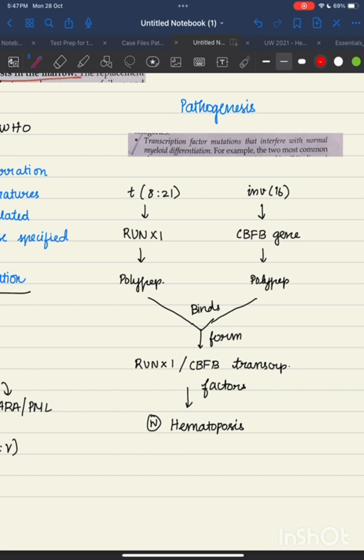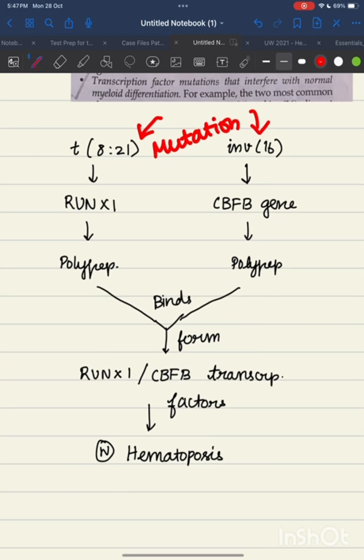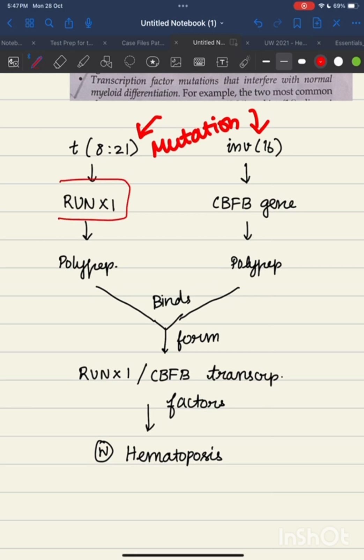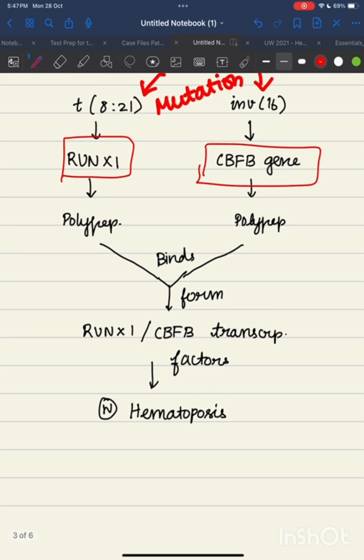But if there is a mutation here, and here is also a mutation, what does it lead to? It leads to mutation in these two genes, so it leads to a different, abnormal polypeptide.